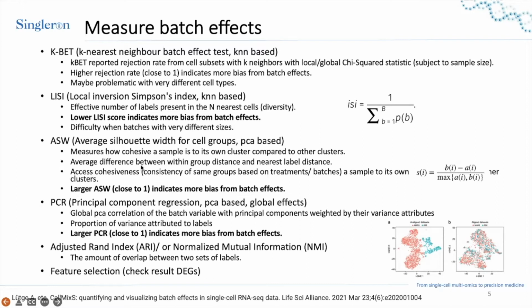Finally, regardless of the quantitative metric, because they are basically numbers, we can use them for measuring the batch effects, but the number itself is not 100% indicative of the final quality of the batch corrections.